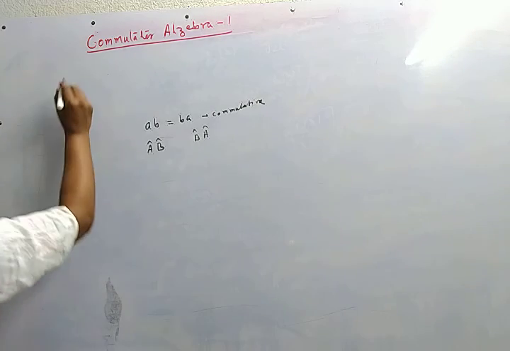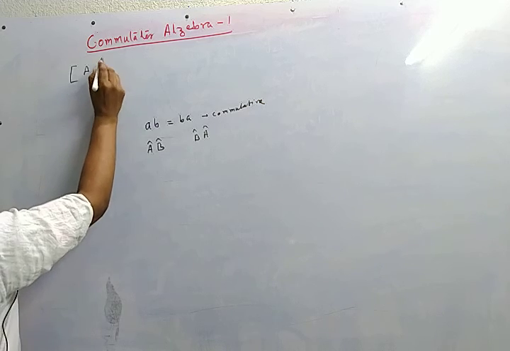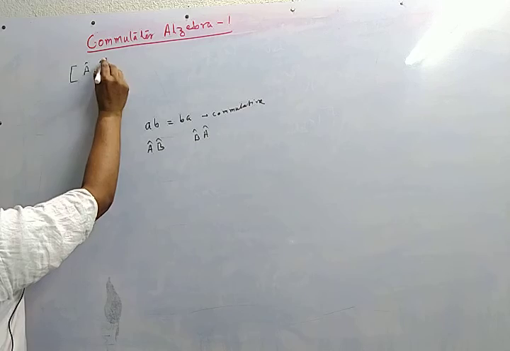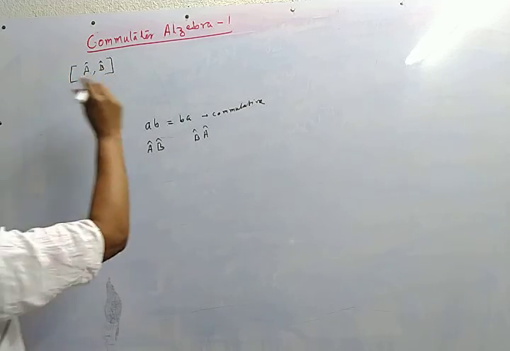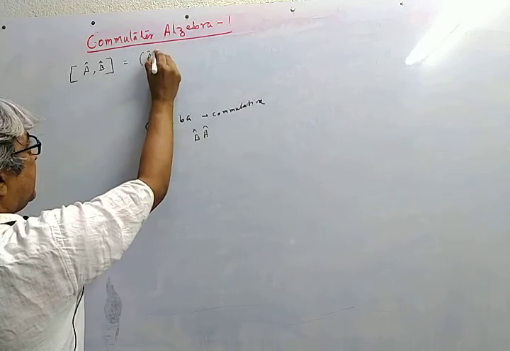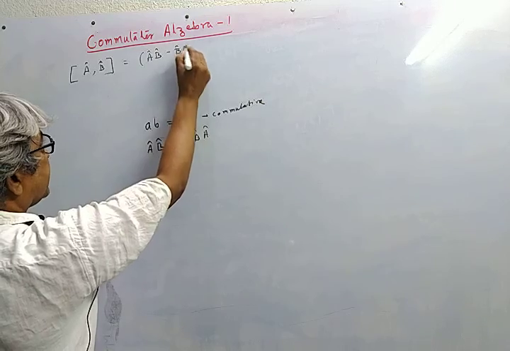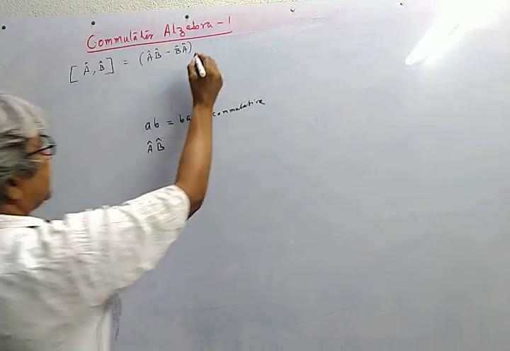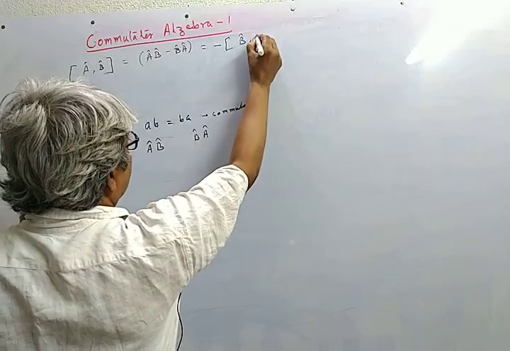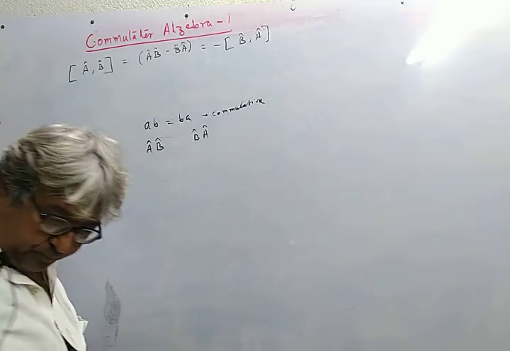So one defines the commutator of two operators A and B. The operators are denoted by hats on them. It is defined as A operator B minus B operator A. Obviously, the commutator of B and A is minus the commutator of A and B. Two operators are separated by a comma.